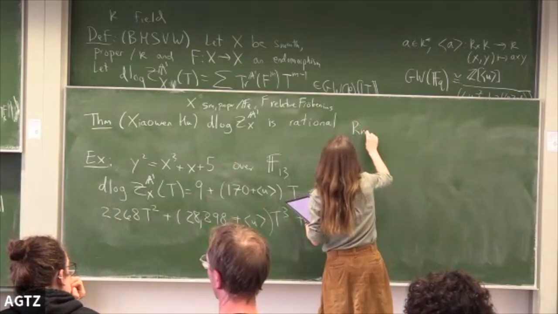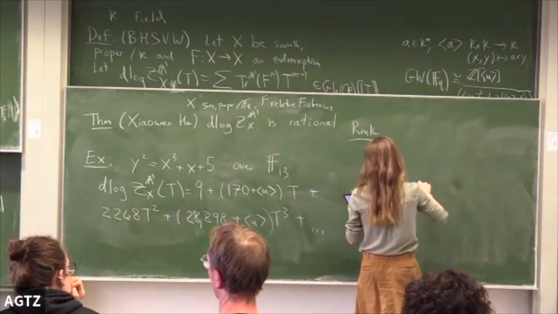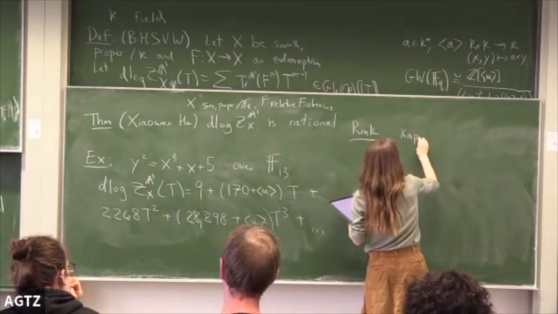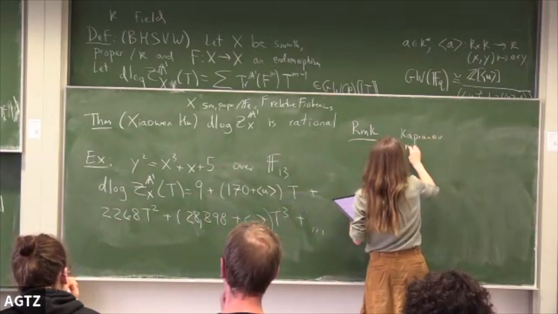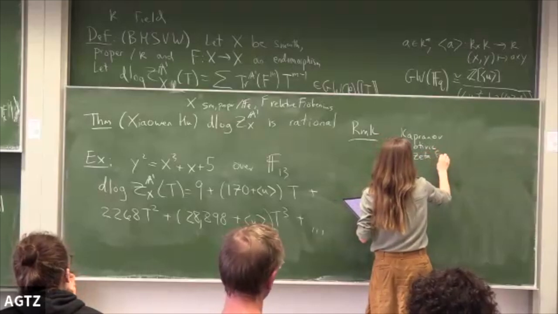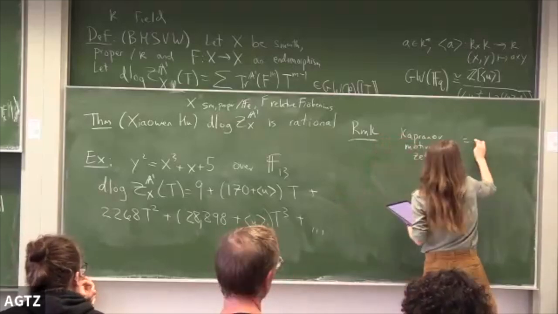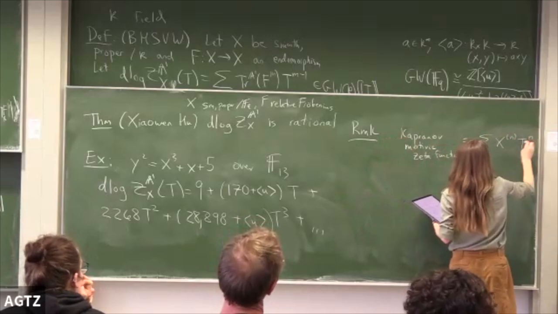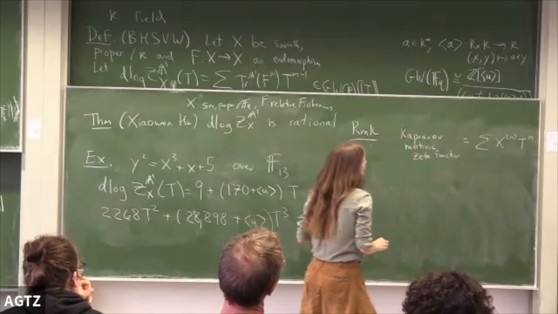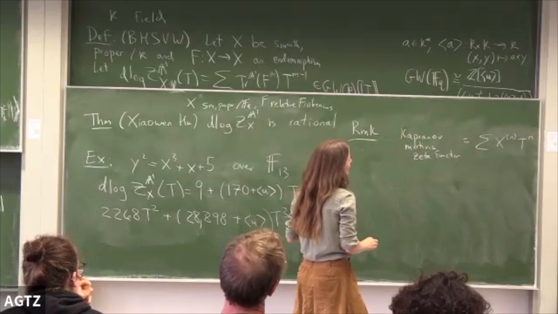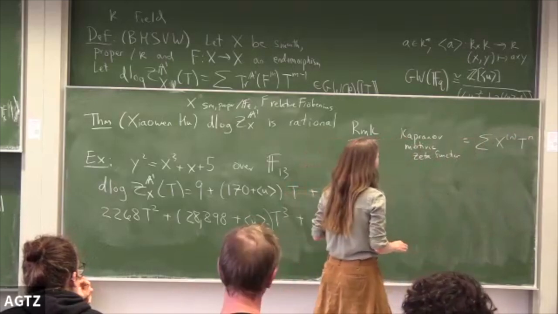So we have this Kapranov motivic zeta function, X to the n t, there are going to be some exps here.